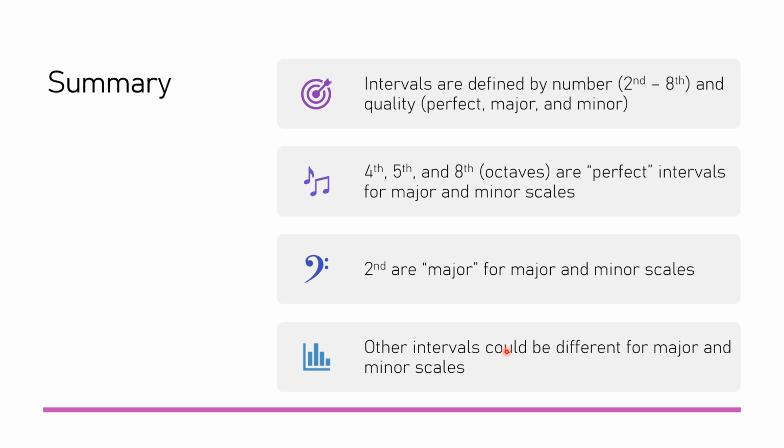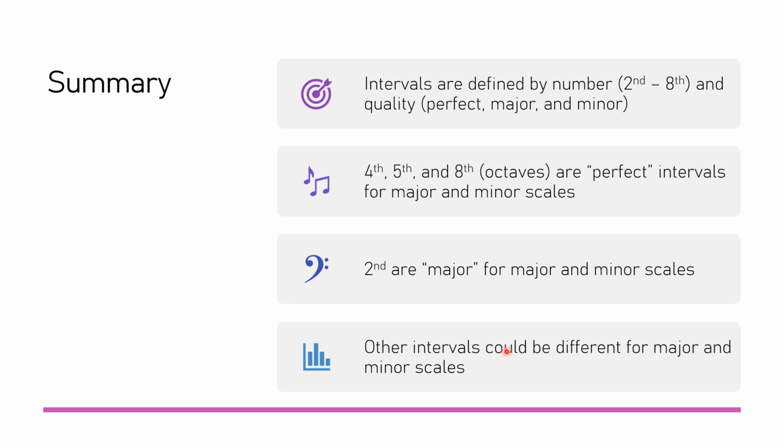The sixth degree is major for major scale, and major for ascending melodic scale, but minor for harmonic scale, and minor for descending melodic scale. The seventh degree is major for major scale, because major scales are all major intervals except the fourth and the fifth, which are perfect.